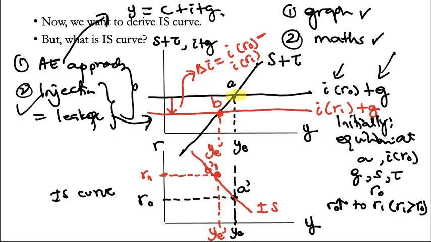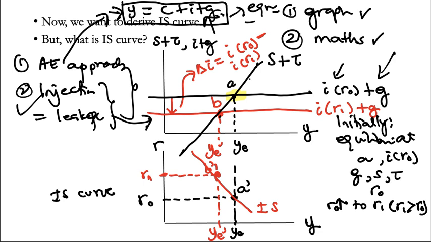So you can see all of the points along the IS curve are derived from equilibrium in the product market. Why do I say equilibrium in the product market? Because at points A and B, whatever is being produced is equal to whatever is being spent, and this is equilibrium in the product market using the expenditure approach, and this is the leakage approach.